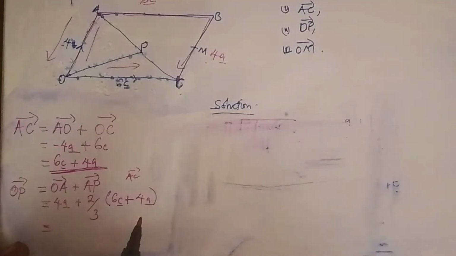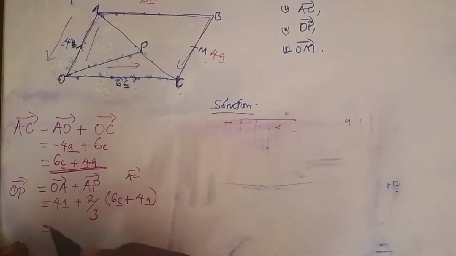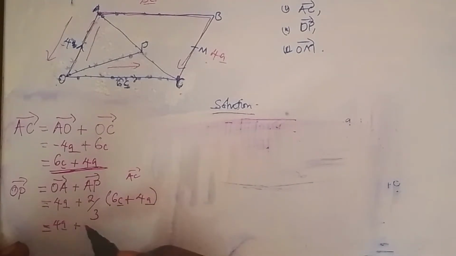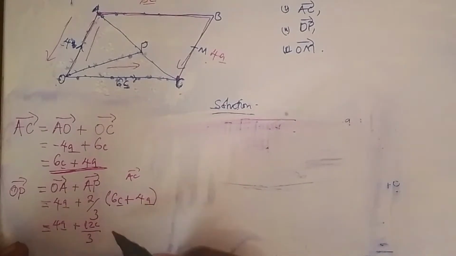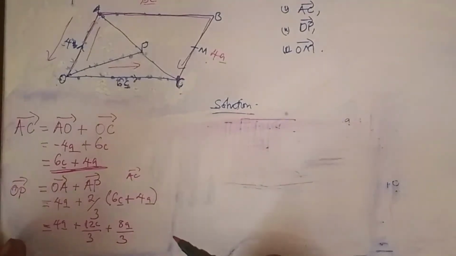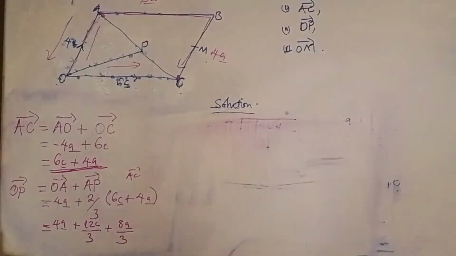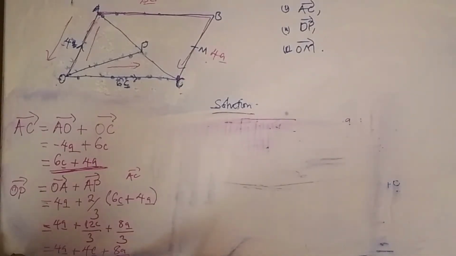So now you first say, let me multiply everything here. So you say 4A plus 2 times 6, we have 12C divided by 3, plus 2 times 4, we have 8A divided by 3. In the sense that 3 can go into 12, so we have 4A plus 4 vector C plus 8A divided by 3.